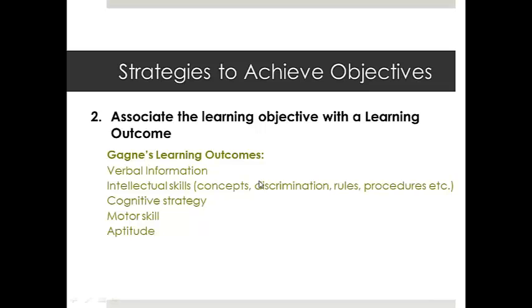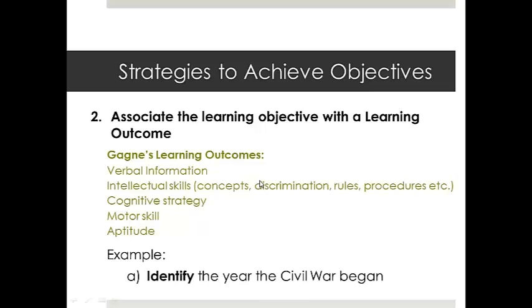For instance, let's suppose that one of the objectives is that the learner must identify the year the Civil War began. The associated learning outcome is verbal information, because the learner is asked to provide a specific response.